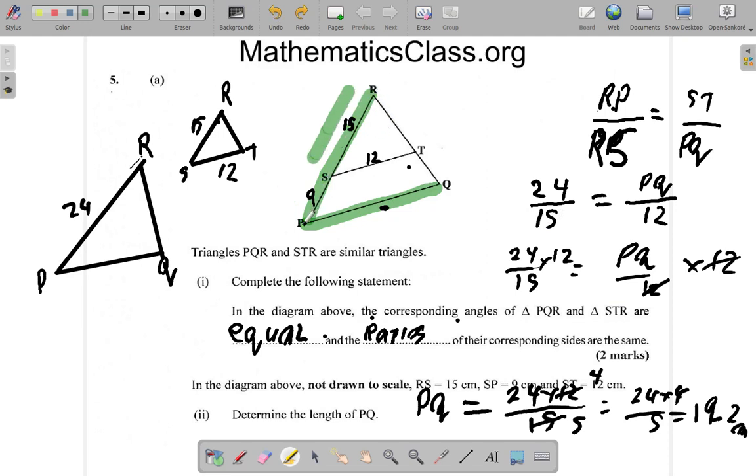All of this for the big triangle over all of this for the small triangle is equal to the bottom PQ, all of this, over the 12. Right? So PQ is equal to 24 over 15 by 12, and then we cancel down, multiply both sides by 12, and cancel down: 3 into 12 is 4, 3 into 15 is 5, 24 by 4 over 5, and we get 19.2 cm. So that's it for now.